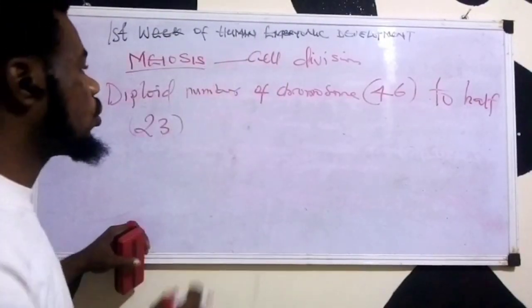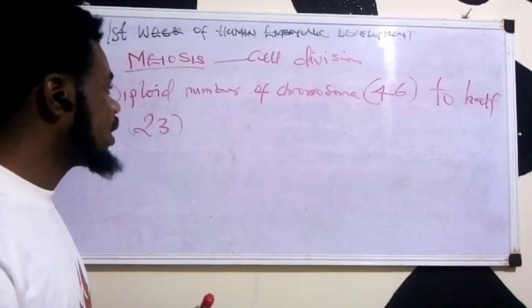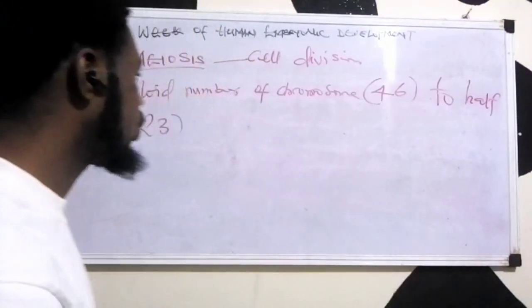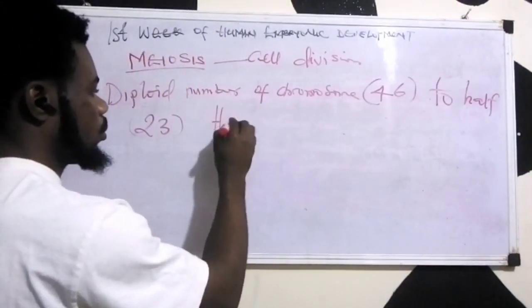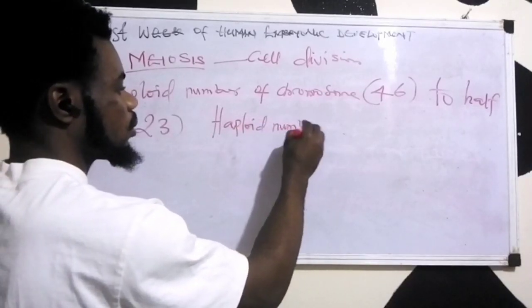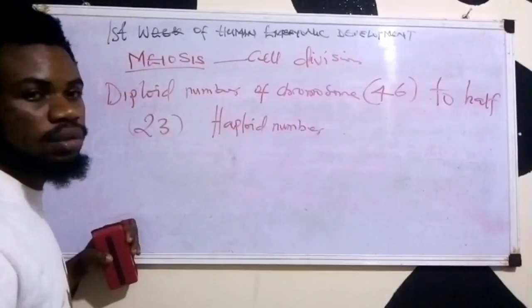That is the whole ideology of this cell division. It halves the diploid number to a haploid number, which is 23.